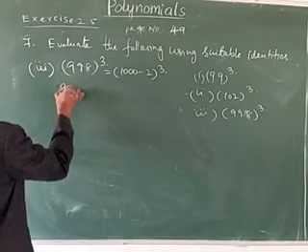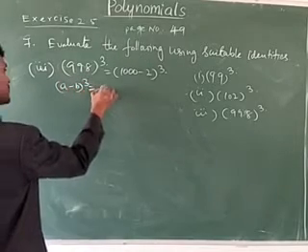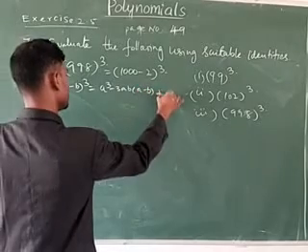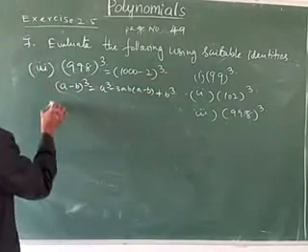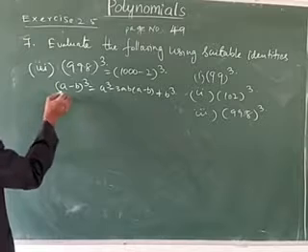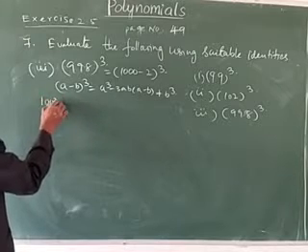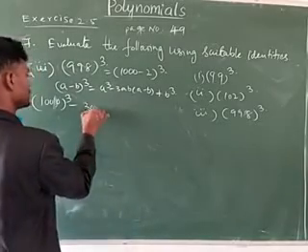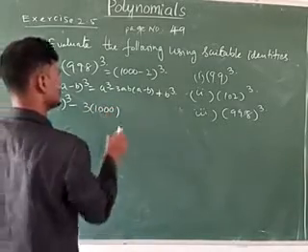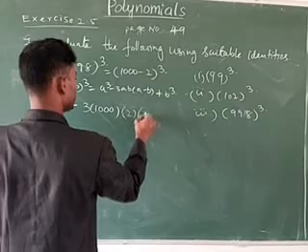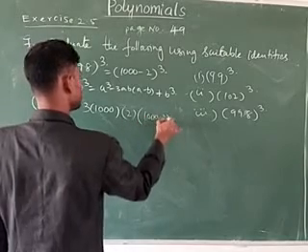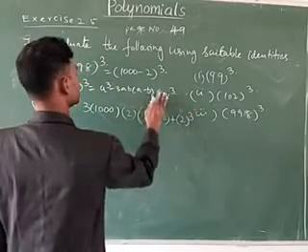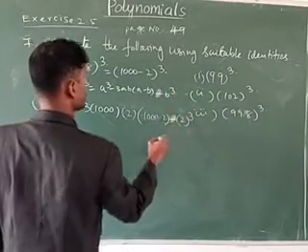Then this looks like the (a minus b) whole cube formula, which is a cube minus 3ab into (a minus b) plus b cube. Here a is 100, so 100 cube minus 3 into a into b, into (a minus b), plus b cube. Sorry, this is minus b cube.